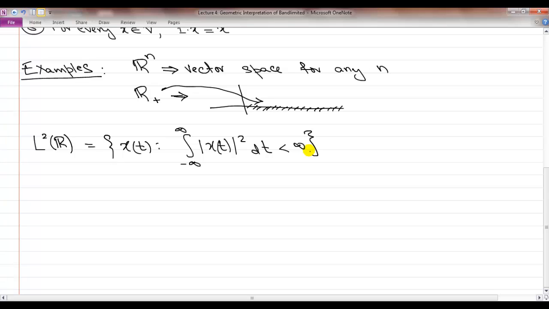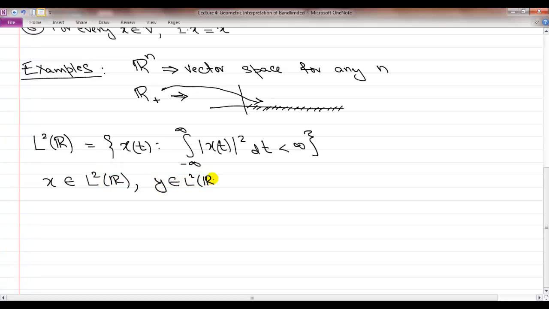And it is very easy to see why. If we define addition of vectors, now each vector in L2R is a whole function. We are calling functions as vectors. So instead of writing x(t), we can say x belongs to L2R and y belongs to L2R.